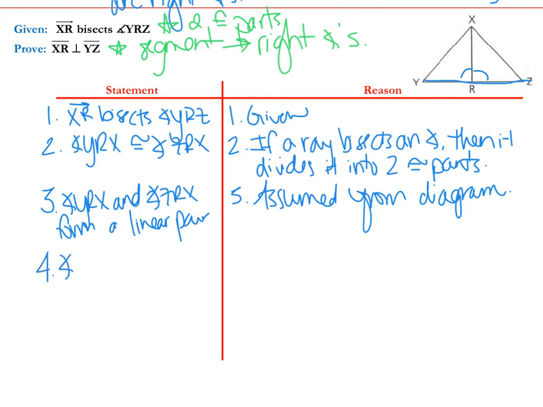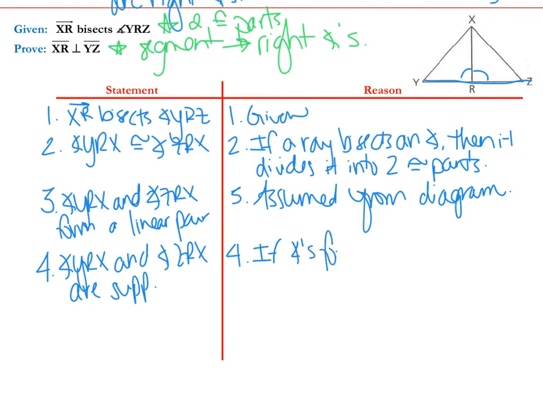Well, we know then that they are supplementary. How do we know that? Again, use the previous statement as your if, and then the statement that you just wrote as the conclusion. So if angles form a linear pair, then they are supplementary.